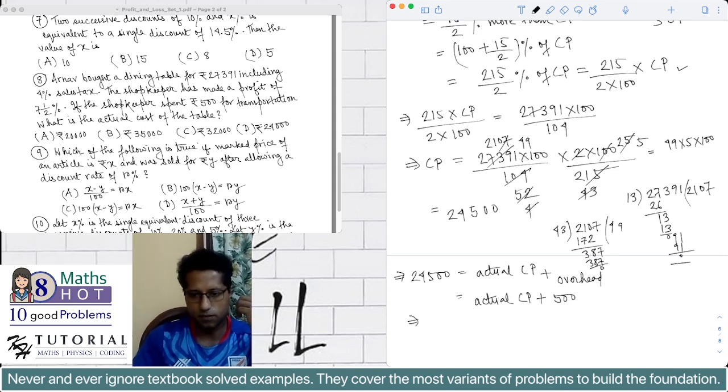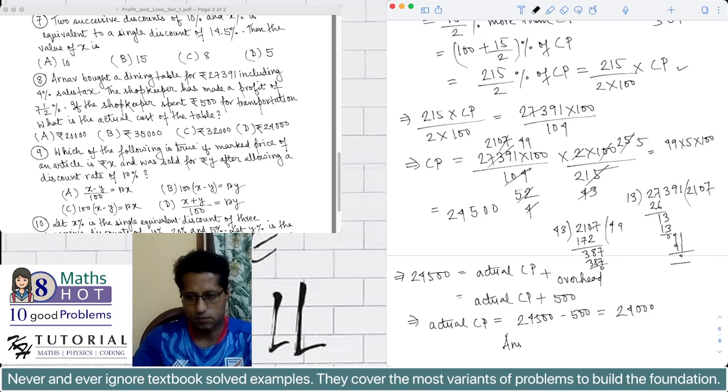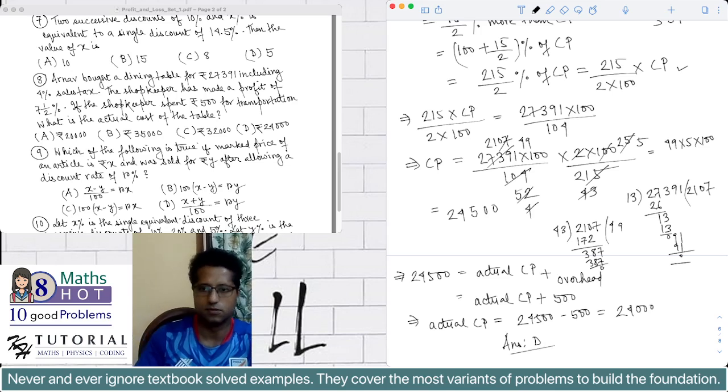So this implies actual CP will be equal to 24500 minus 500, which is equal to 24000. So the actual cost of the dining table is 24,000, and hence the correct choice is D. D is the correct choice.